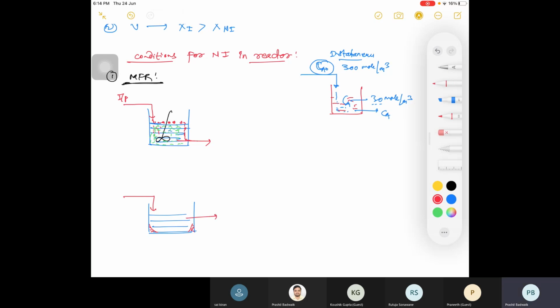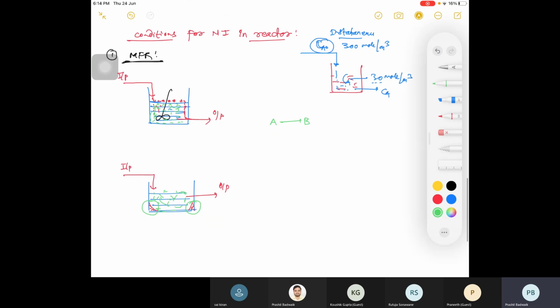You can have outlet here. And other molecules are here, and they are reacting to form your product B. Some of the molecules which went inside this space here, they didn't come back, right? यहाँ पे. This was your second case.